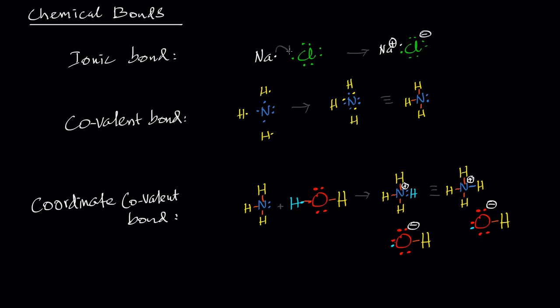The half-headed arrow tells us that transfer of one electron is occurring from one place to the other. By losing one electron, sodium acquires a positive charge, and the sodium plus ion has an electron configuration similar to the previous noble gas on the periodic table, which is neon.